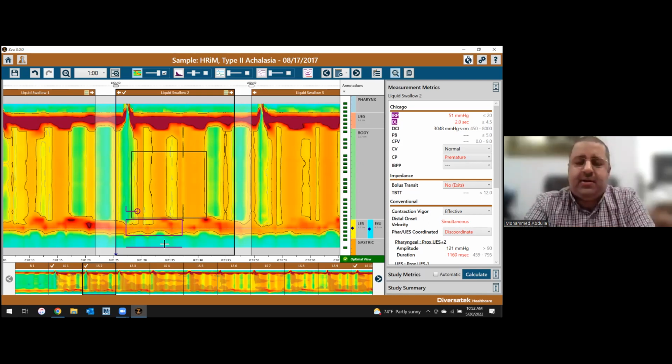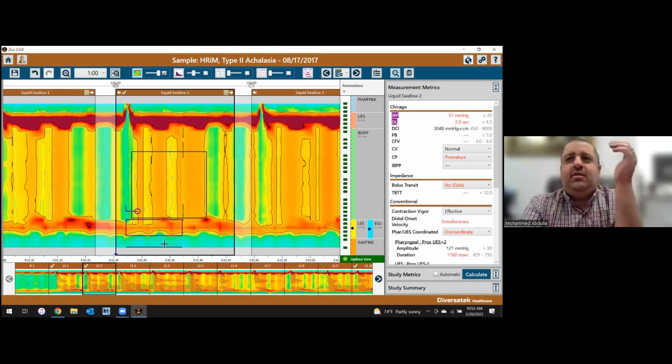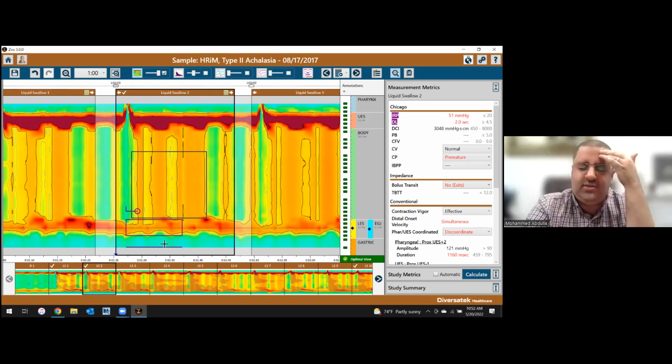What about the upper esophageal sphincter? In the steps of manometry, we spend a lot of time on it. Is it really very beneficial?